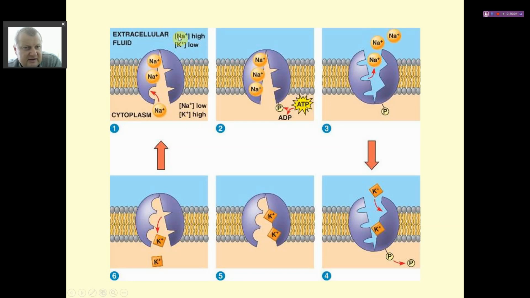But in the extracellular fluid, the opposite situation: the concentration of sodium is high, the potassium concentration is low. And the task of this enzyme is the pumping of sodium from the cytoplasm to extracellular fluid and potassium from extracellular fluid to the cytoplasm.